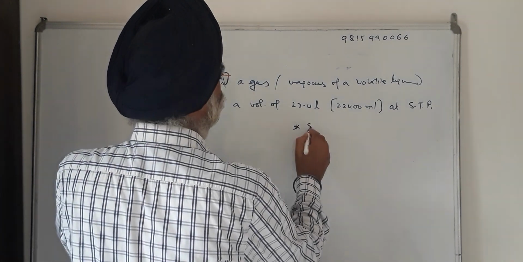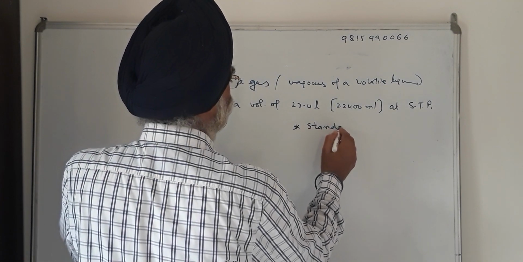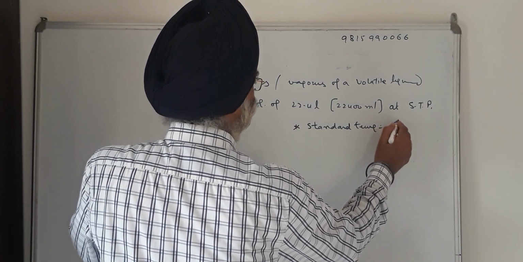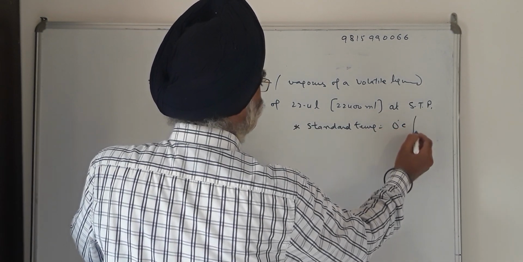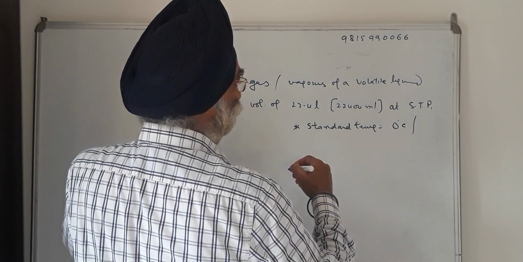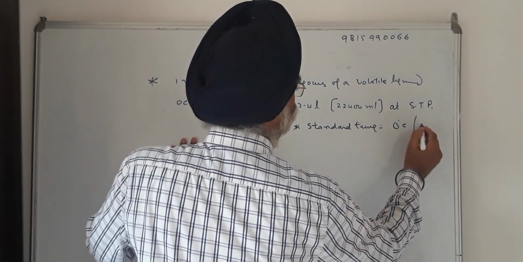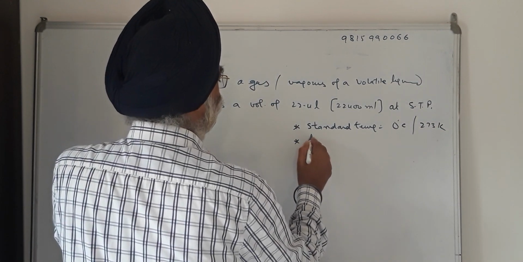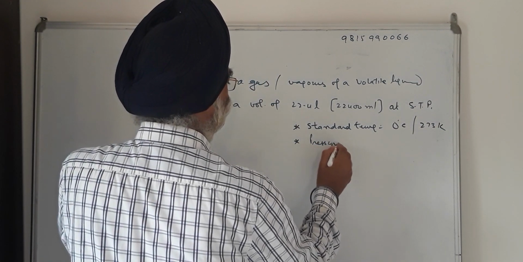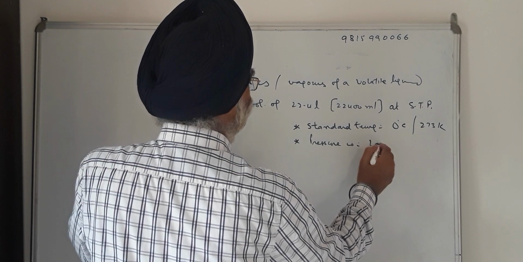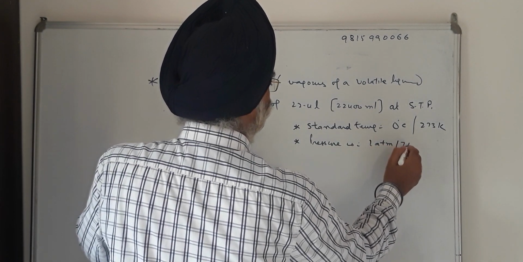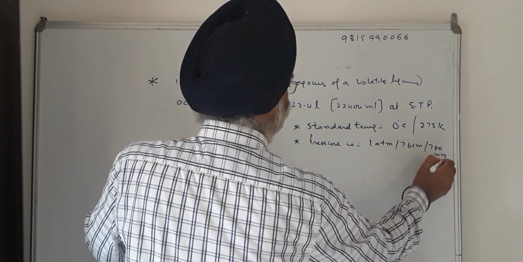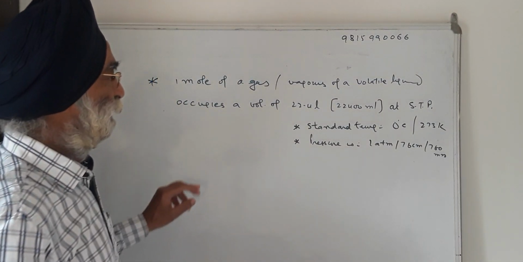The conditions: standard temperature is 0 degrees Celsius, or, as we shall study in the chapter on gaseous state, 273 Kelvin. Pressure is 1 atmosphere or 76 centimeter or 760 millimeter.